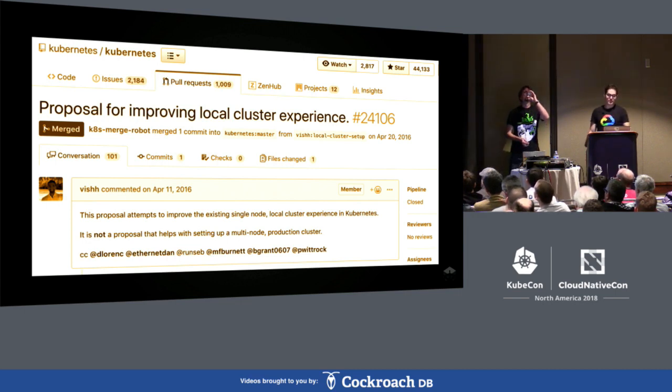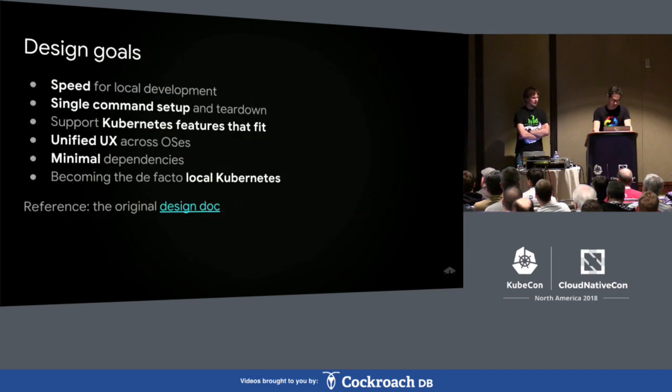So people were talking about how we needed to have a local cluster experience. This proposal went in, and a couple of months later, Dan Lawrence, who is our teammate, an ex-manager, implemented the first versions of Minikube, and by June, I think 0.2 was already published on the Kubernetes website. So that's a little bit of historical background.